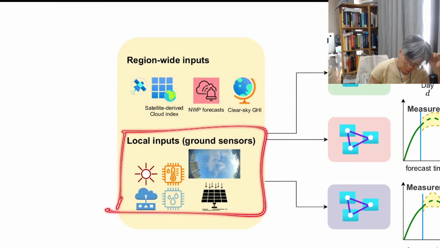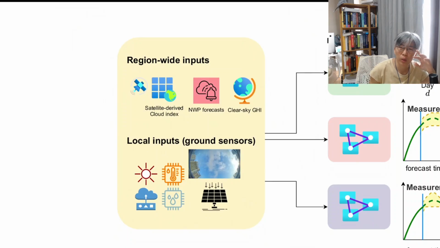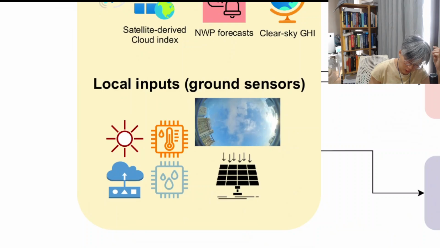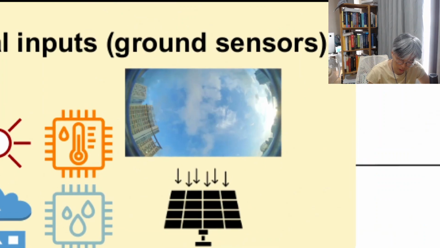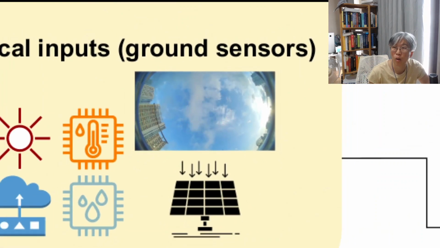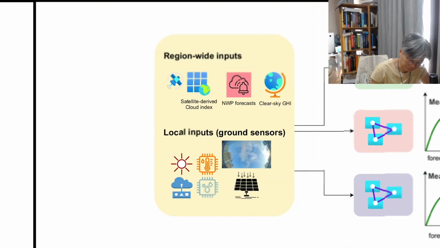The other category would be local input, something you can measure and acquire at your location. You have installed sensors for solar irradiance, temperature, humidity, and solar power. And in addition, you can install a sky imager. This is like a camera pointed at the sky just above your solar panel, to detect the cloud coverage at that location.